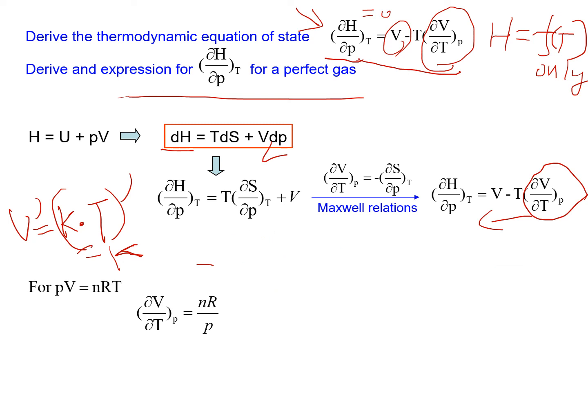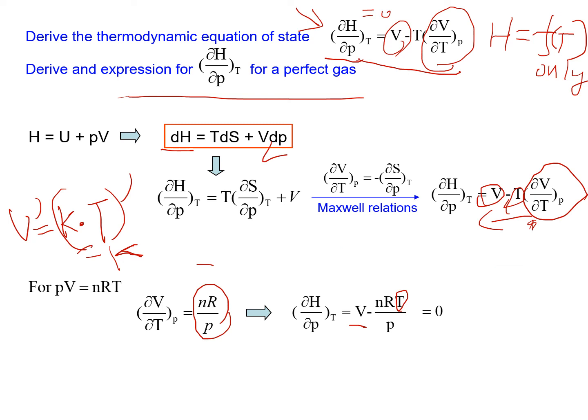Now let's plug this into the enthalpy derivative over pressure. According to this equation, the enthalpy derivative over pressure equals volume minus temperature times the partial derivative of volume over temperature. Why is this 0?